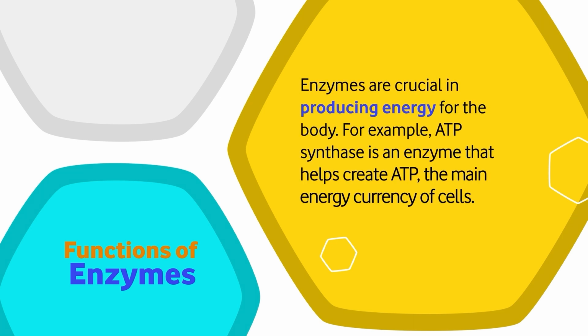Another very important function is that enzymes play a crucial role in the production of energy for the body. For example, ATP synthase is an enzyme that helps in creating ATP, the main energy source of our cells.